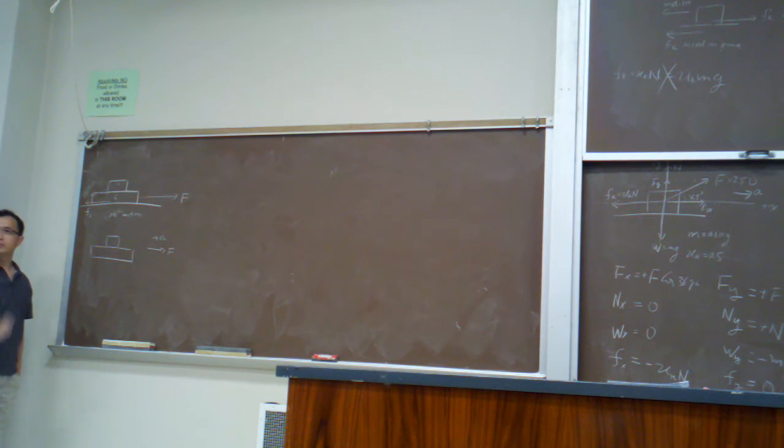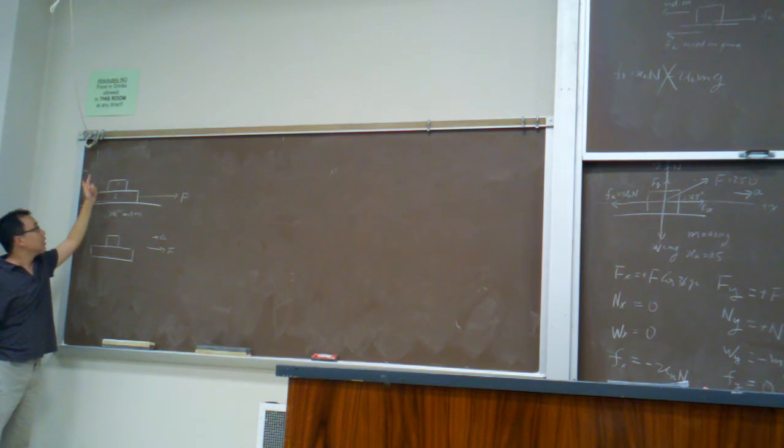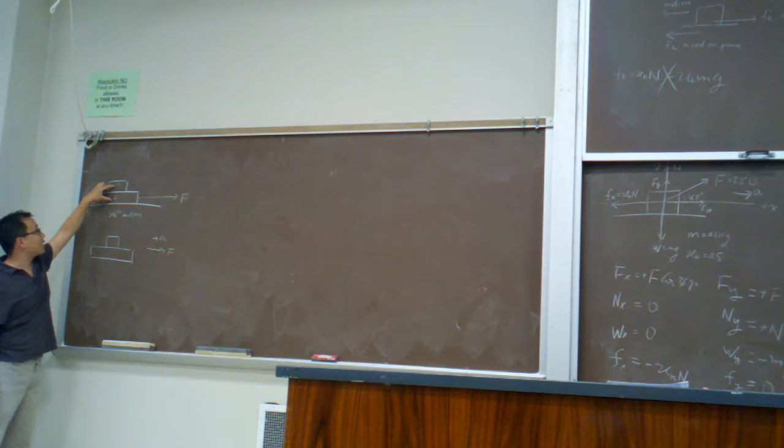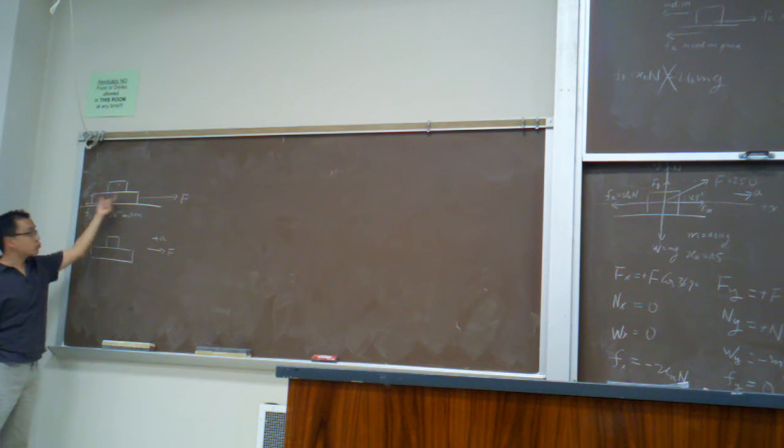So the weight from block 1 isn't putting any force on pushing it? The weight on block 1 did provide some normal force to it, but that's not frictional force. You have normal force, but you don't have friction, because now they're connected together, both ends stay at rest, okay? And there is no relative tendency for the motion.